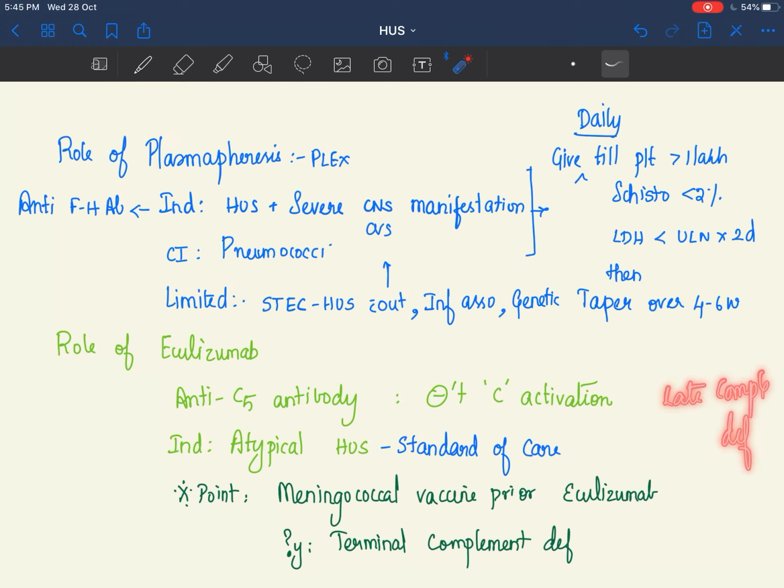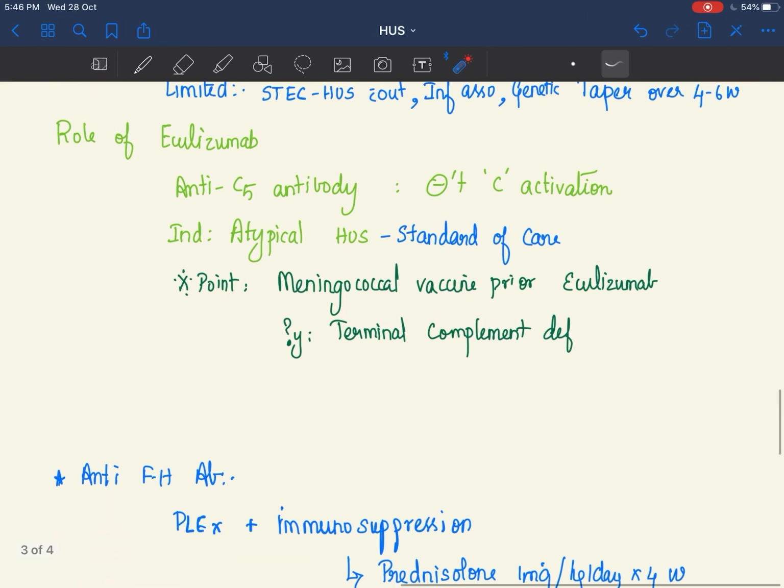Here you are inducing a late complement deficiency by stopping the complement cascade after the C5 step. So you need to give meningococcal vaccine prior to eculizumab, depending upon the patient's vaccination status.